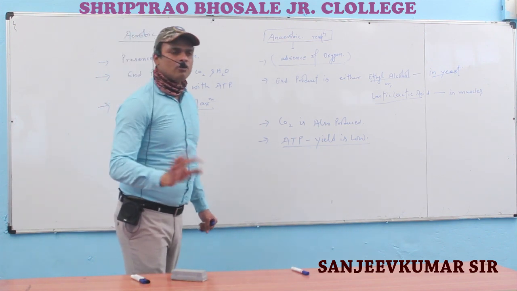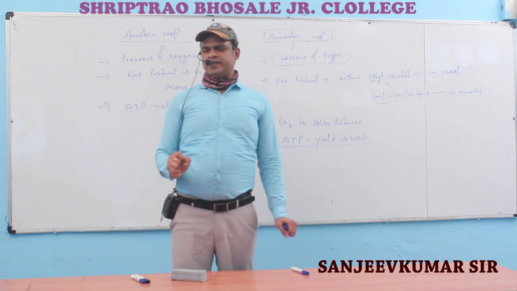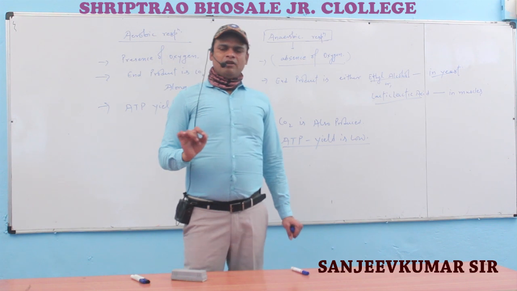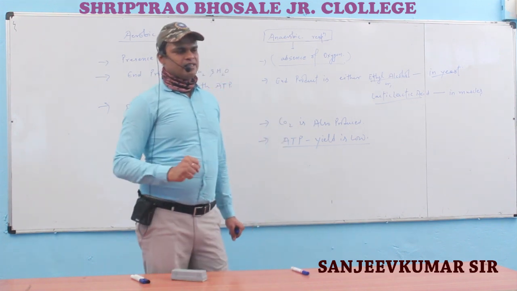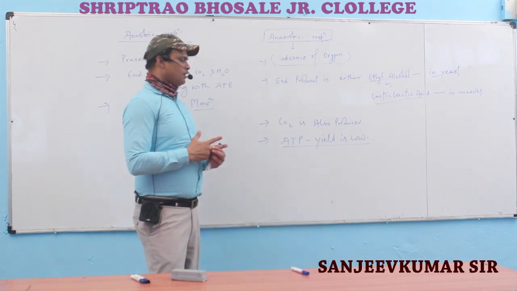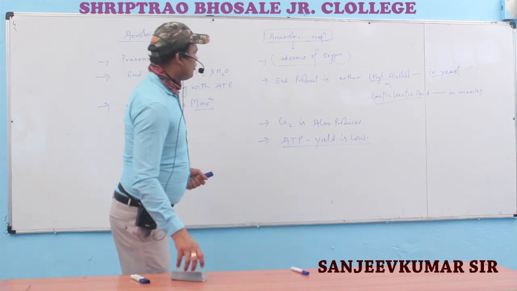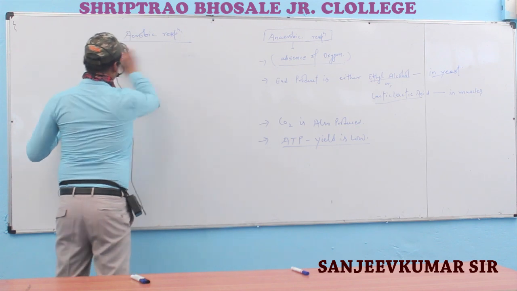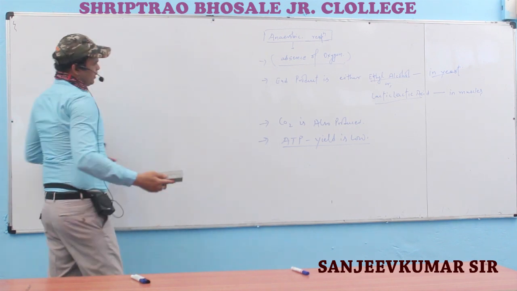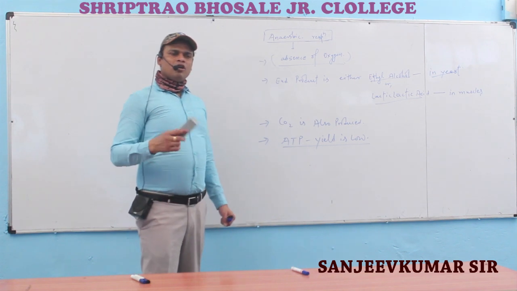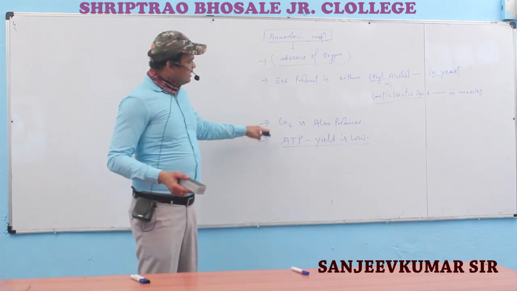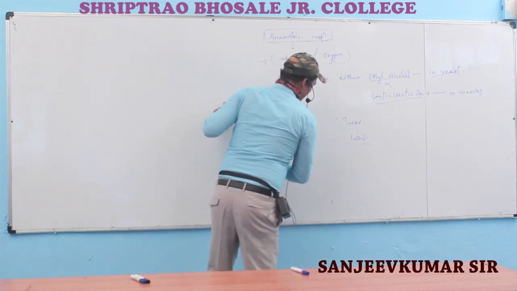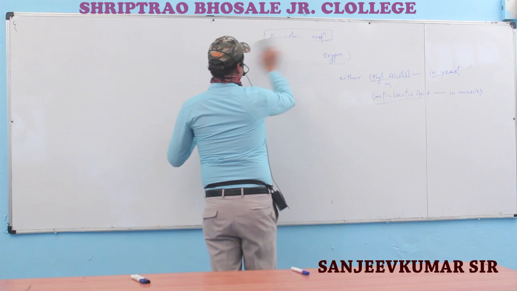I am not saying all organisms, but in most organisms glucose acts as the substrate for oxidation, for harnessing energy, that is, the formation of ATP for cellular processes. Either plant or animal, all need ATP for the continuation of metabolic reactions.